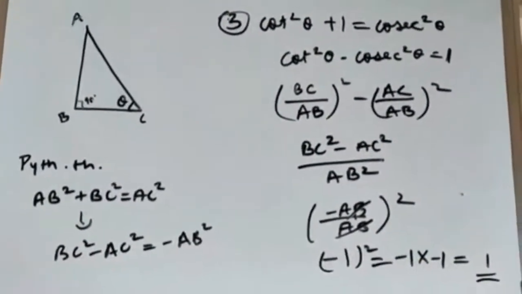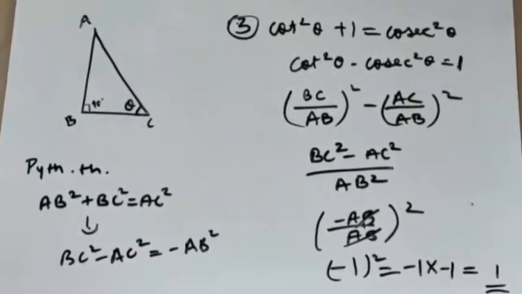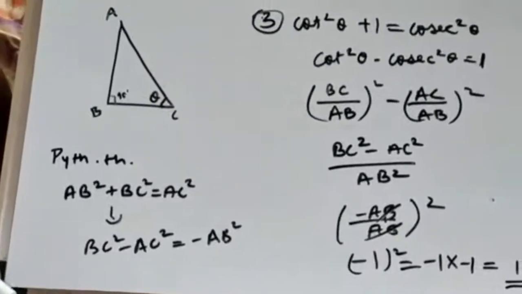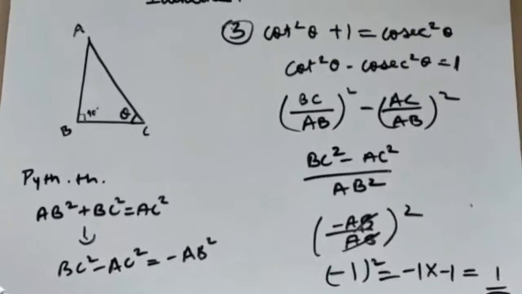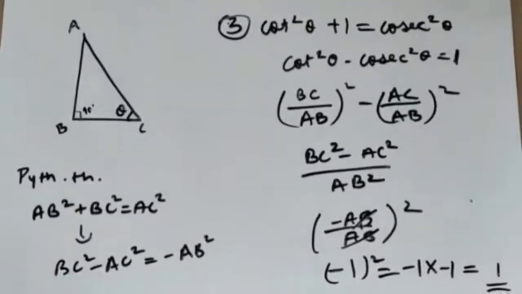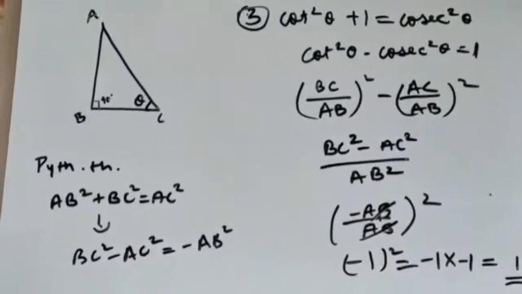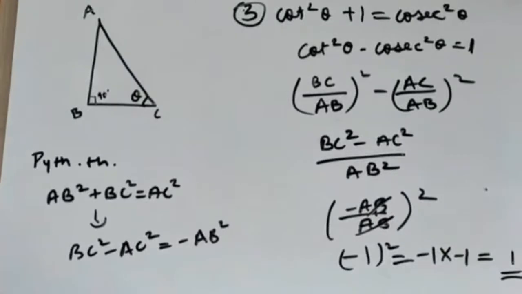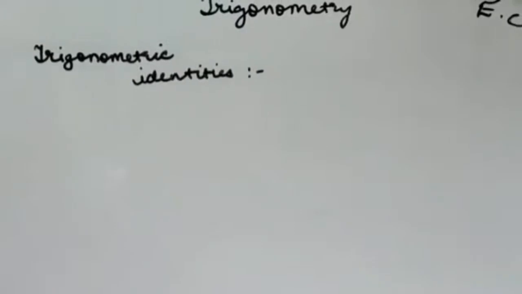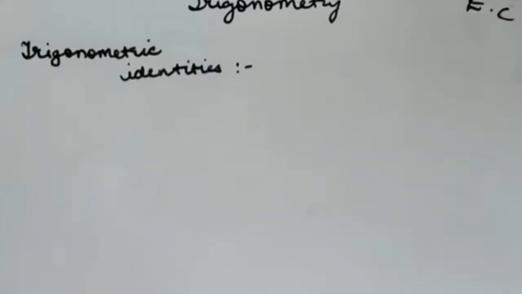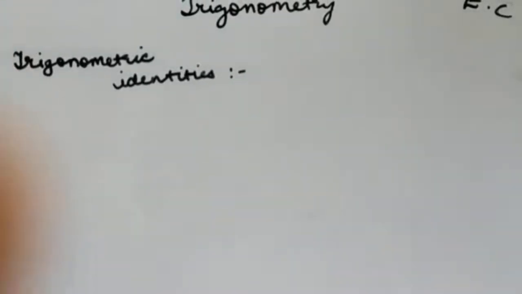Now I will tell you a simple trick so that you can memorize these three trigonometric identities, and which will help you to solve questions based on trigonometric identity. Simple trick that I have found for you. Before that you have to answer my question. I ask you what are the trigonometric ratios.